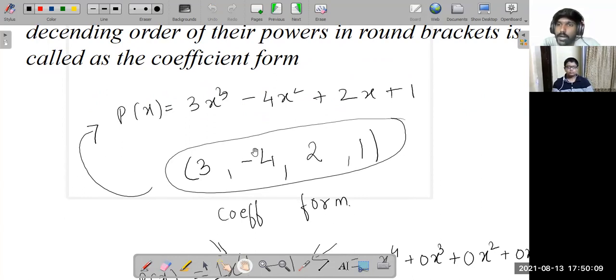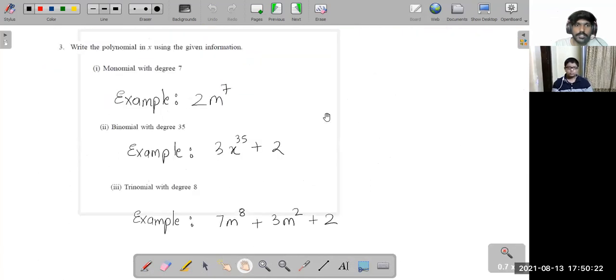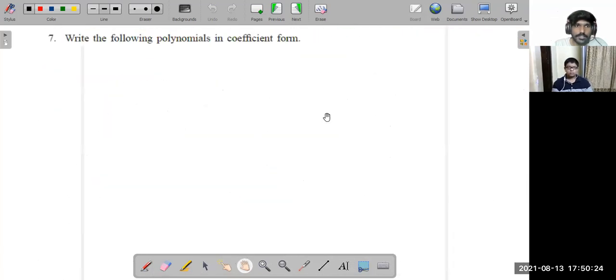If there is a missing power in descending order, then what will be the coefficient of that missing power? Zero. Correct, zero. So let's do the very first question itself.